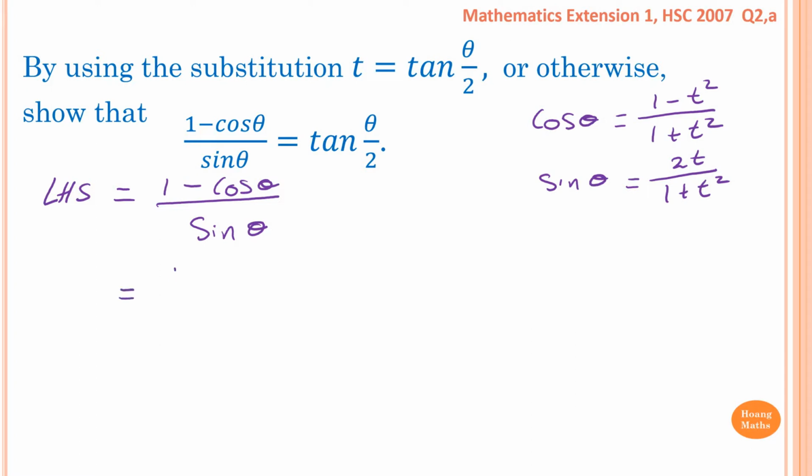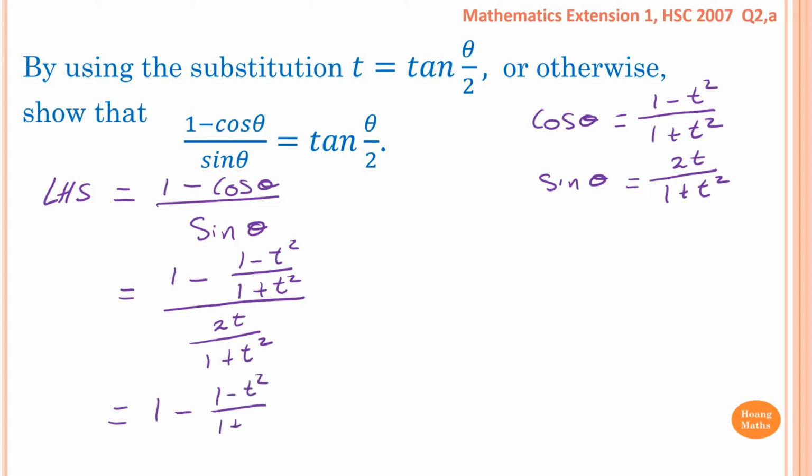So which is equal to 1 minus cos theta, which is 1 minus 1 minus t squared over 1 plus t squared, over sine theta. Sine theta is just 2t over 1 plus t squared. So this is the same as 1 minus t squared over 1 plus t squared divided by 2t over 1 plus t squared.